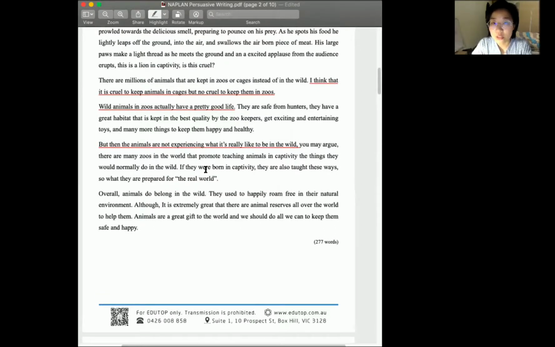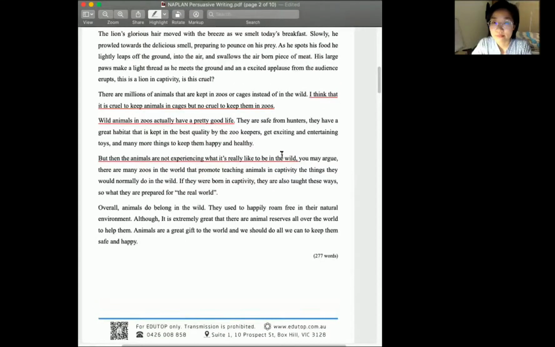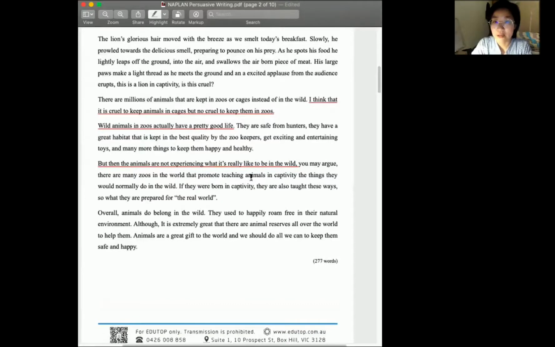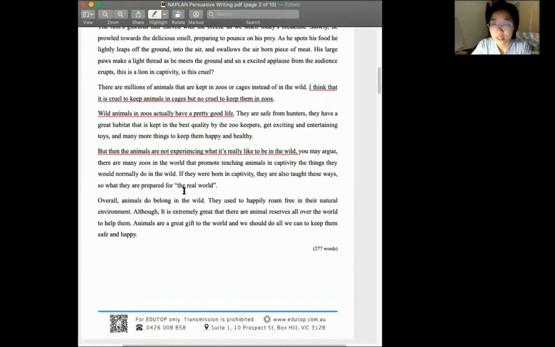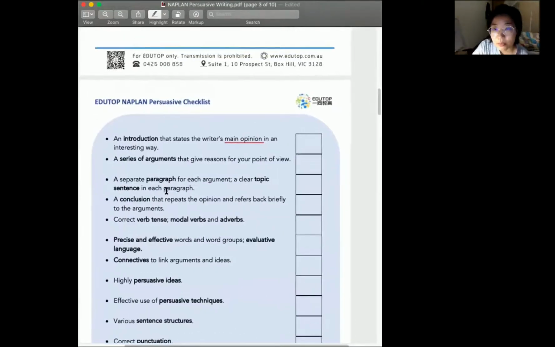Says animals are not experiencing what it's really like to be in the wild. It's almost saying keeping animals in cages is cruel. They are not happy in the cages.